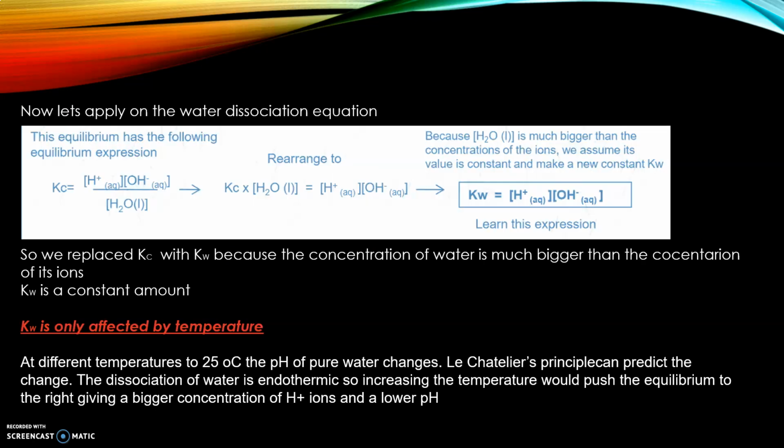So let's use this equation, the Kc, and apply it on the reaction of water that we have used. So the equilibrium constant is always, just to remind you, Kc equals concentration of products on concentration of reactants.